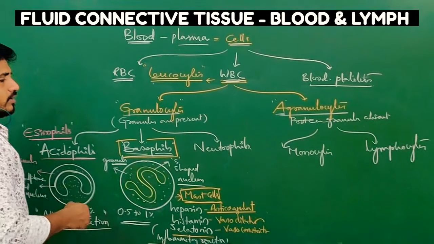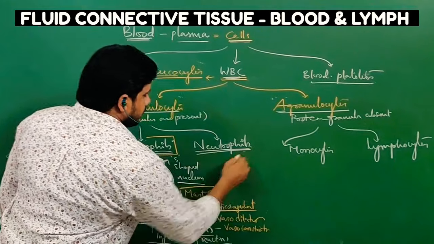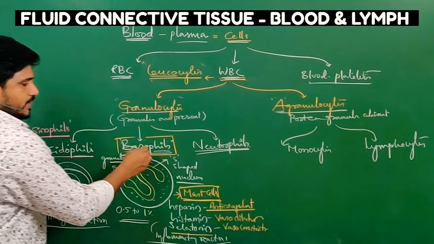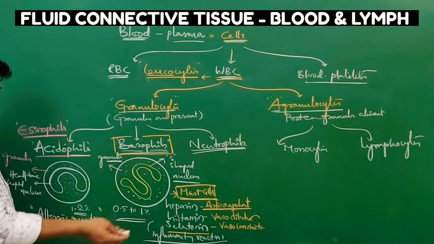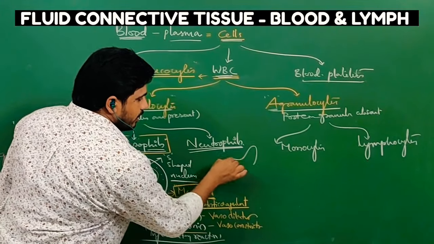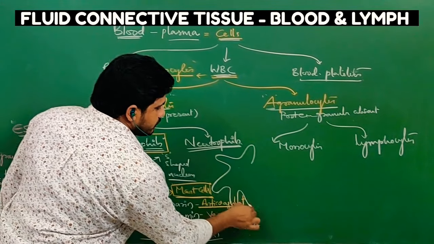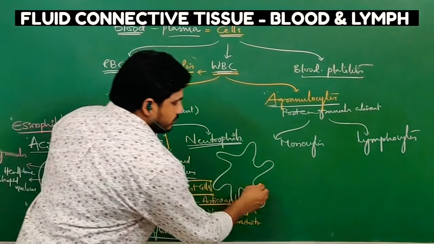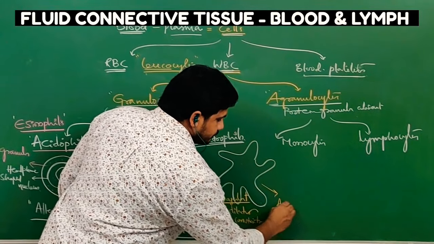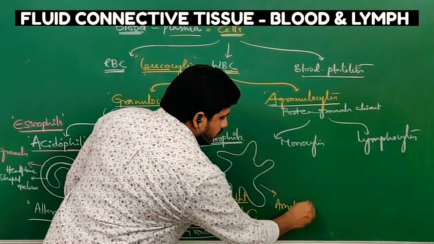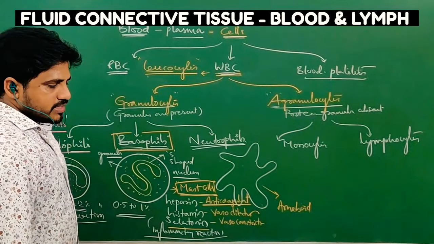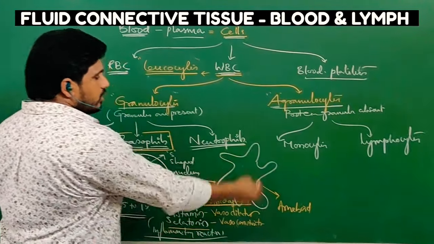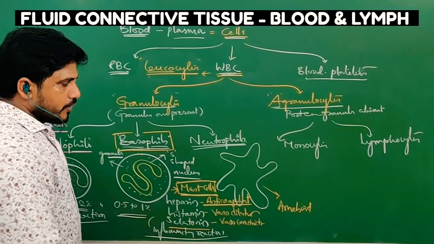That is the reason. Now, neutrophils, not like acidophils and basophils, have a special characterization. They have pseudopodia. So they are phagocytic cells, amoeboid cells. Not all WBC are phagocytic in nature, or have pseudopodia.